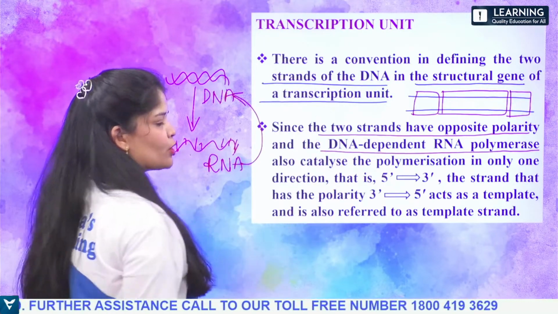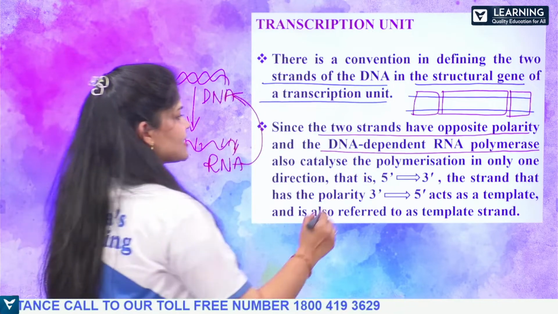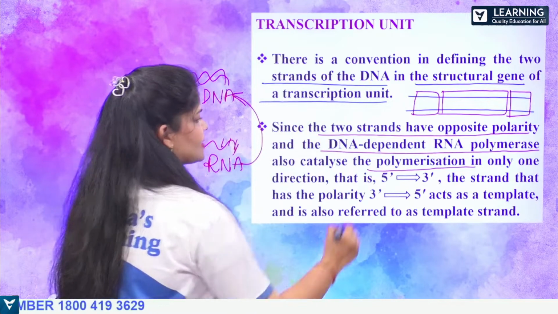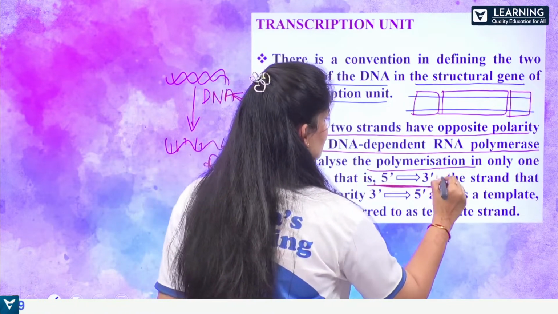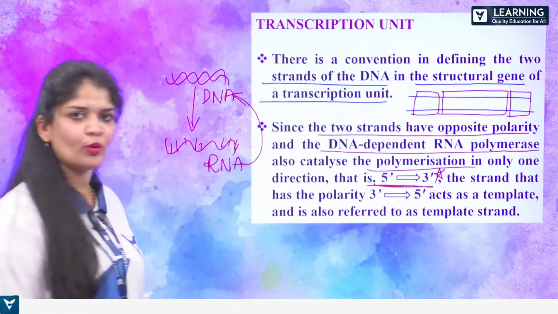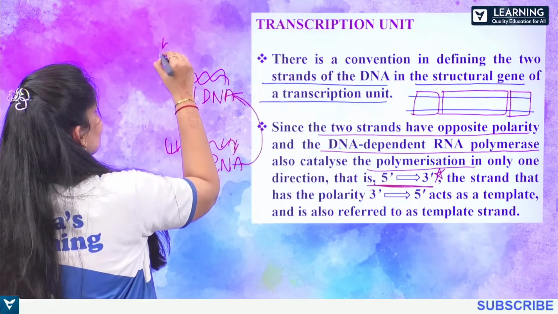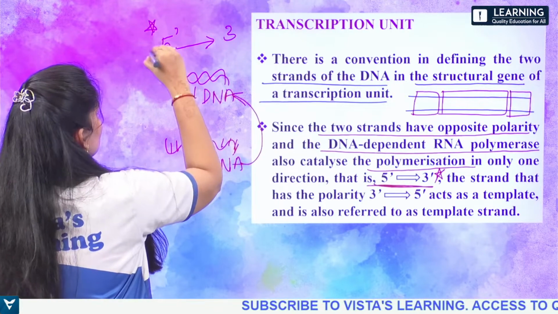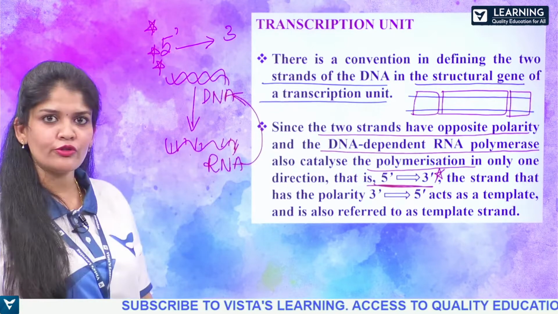DNA-dependent RNA polymerases also catalyze the polymerization in only one direction, and this is very, very important. Here also the direction of polymerization is 5' to 3'. This is very, very important to remember.